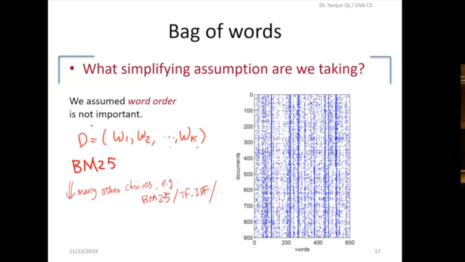I don't want to cover more, just feel free to check it out. In the homework, let's just use the count. Count is good enough. But I want you to know that state-of-the-art information retrieval systems do not directly use count. It's something relevant to count, plus some kind of normalization.